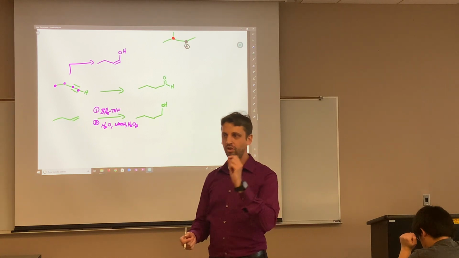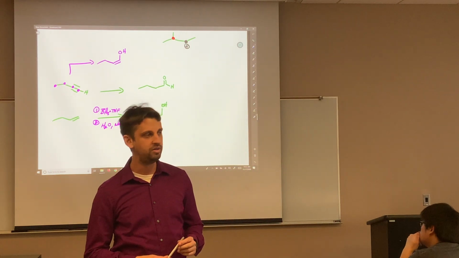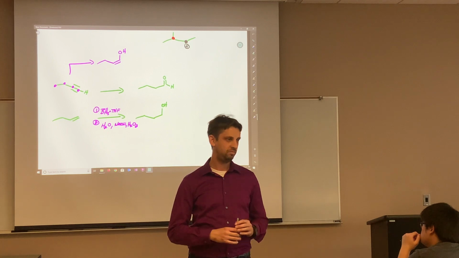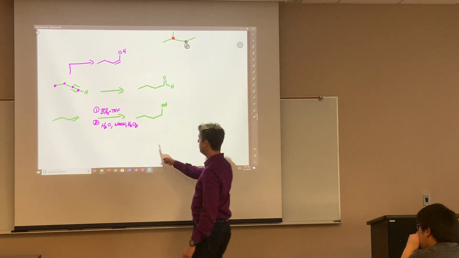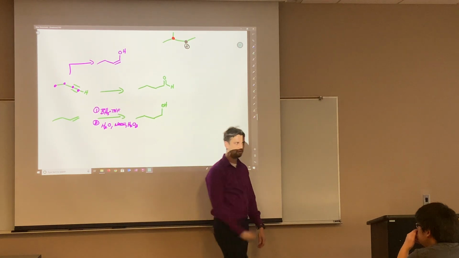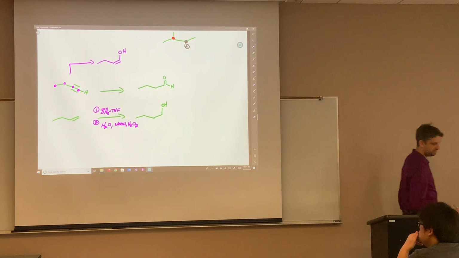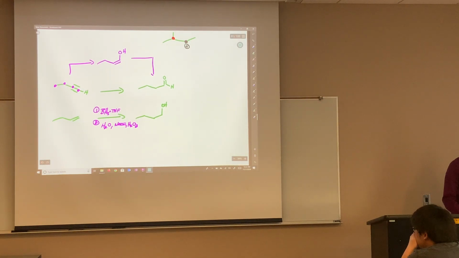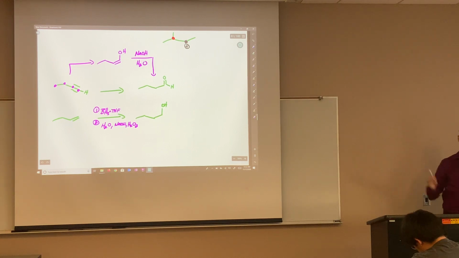We see an alcohol bound to a carbon that has a double bond to it. But now we're under basic conditions. Okay? So come up with a mechanism to get to the product under basic conditions here.